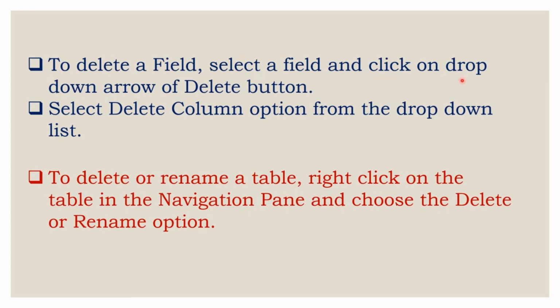To delete a field, select a field and click on drop-down arrow of Delete button. Select Delete Column option from the drop-down list. Or to delete or rename a table, right-click on the table in the navigation pane and choose the Delete or Rename option.